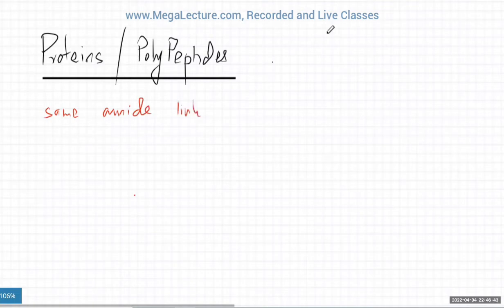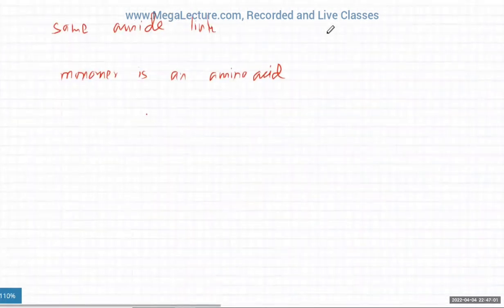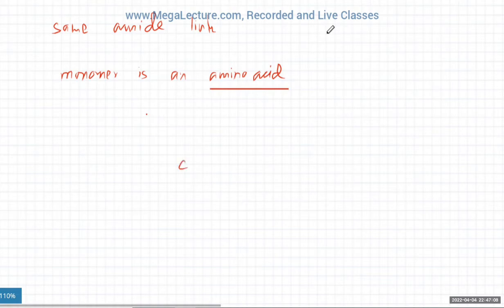Proteins and polypeptides have the same amide link, but the only difference is that the monomer is an amino acid. So that's an amino acid. What's an amino acid? It's a carbon atom, an alpha carbon, that's attached to a carboxylic acid group on one side.